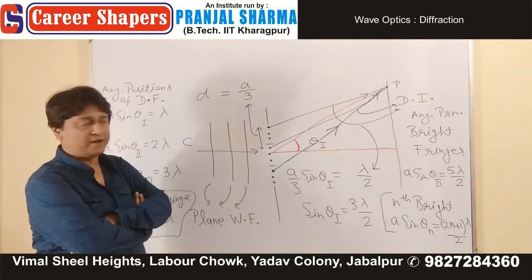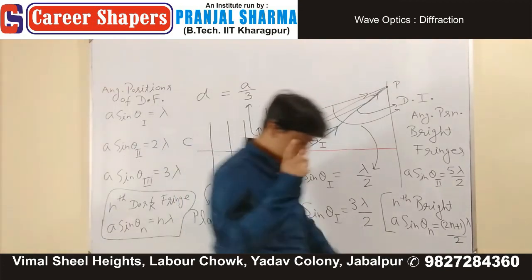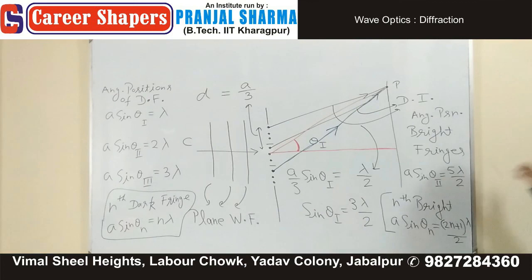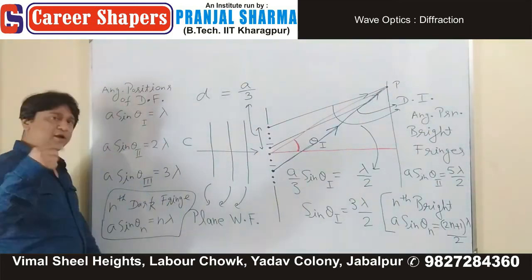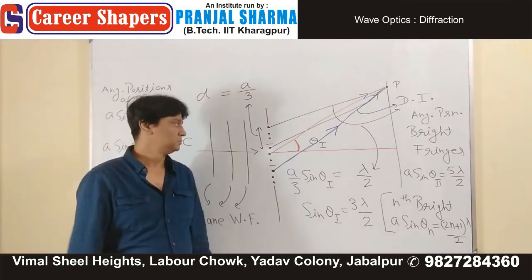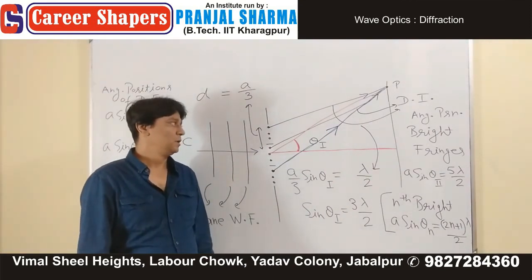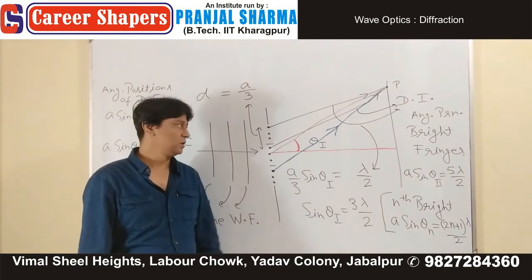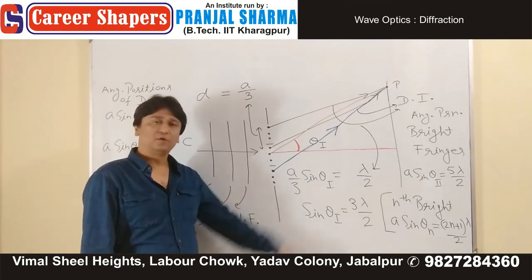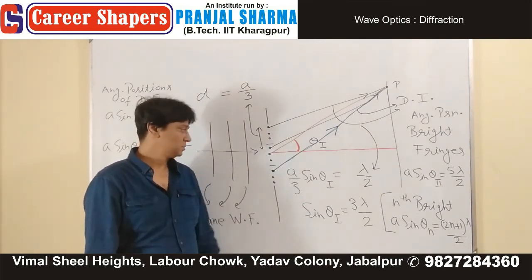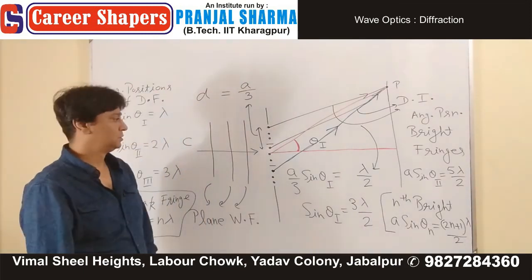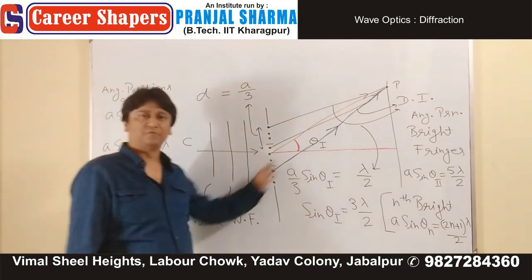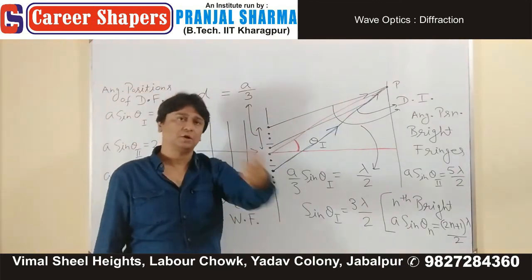Next, we'll make 5 partitions. 1 and 2 will cancel each other. 3 and 4 will cancel each other. And the 5th will produce the second bright fringe. Light coming from the 5th will give you a bright spot, which is your second bright fringe.